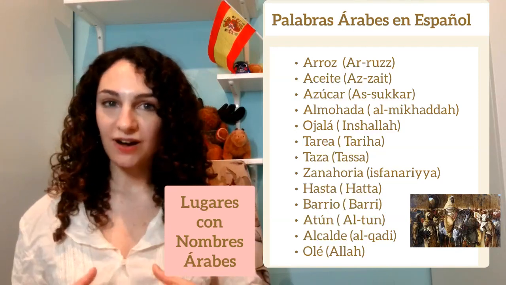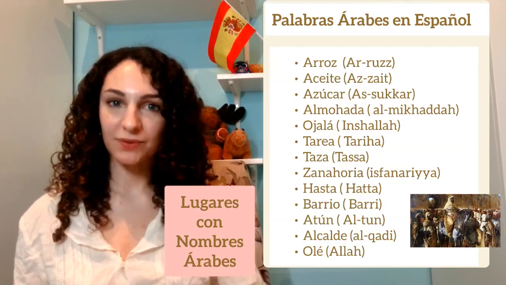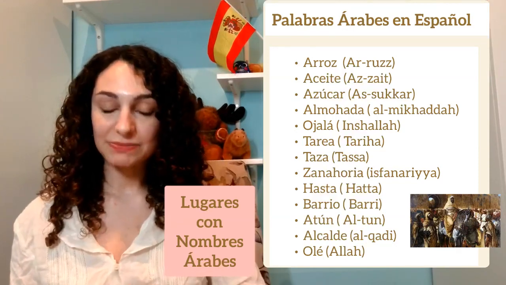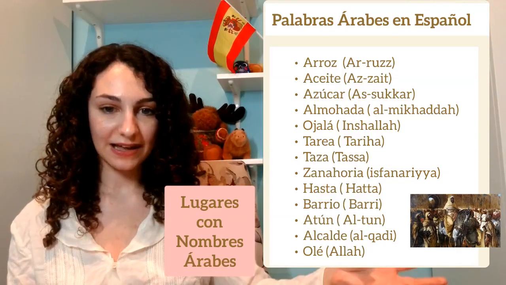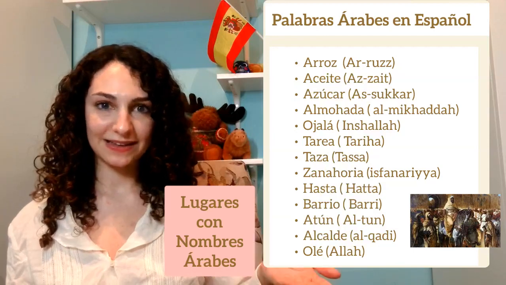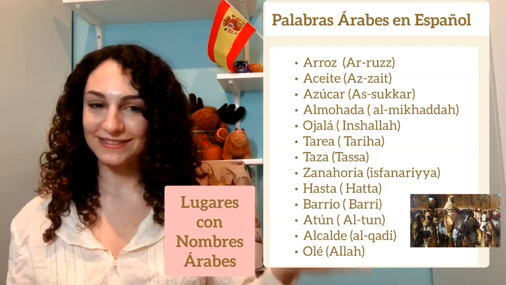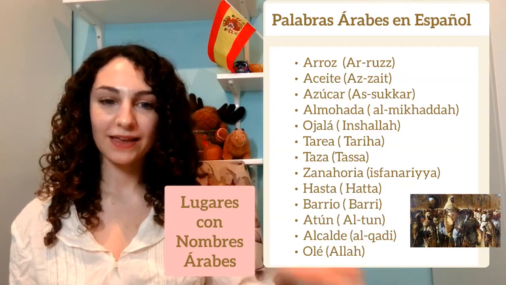So you can see how strong the Arabic influence and the Muslim influence still is in Spain, because we have this al-Qadi, and now they just say alcalde. Okay, thousands of years later, they still have this word that came from the Muslims.